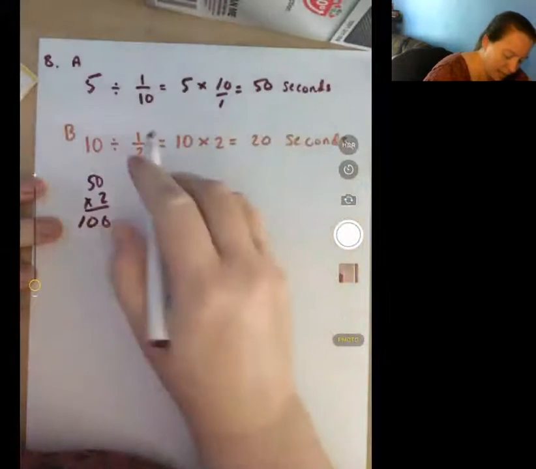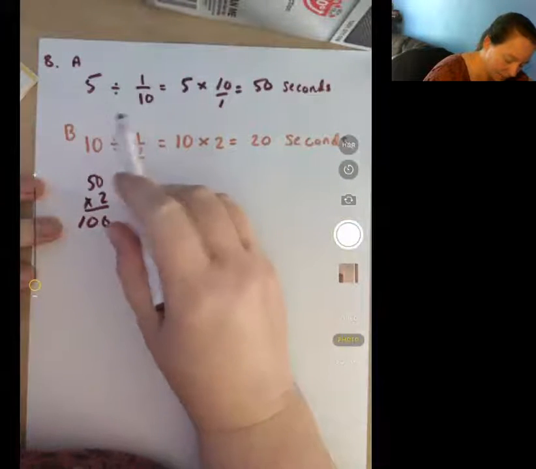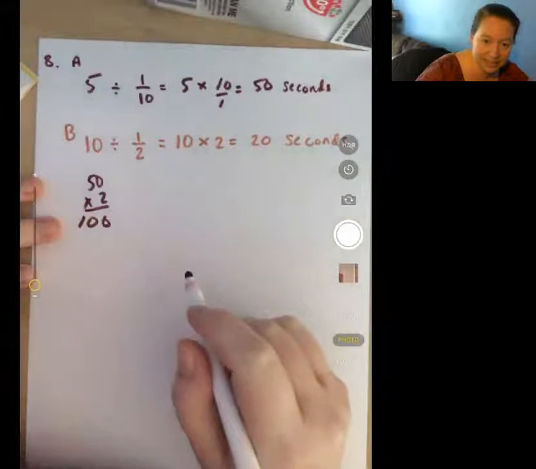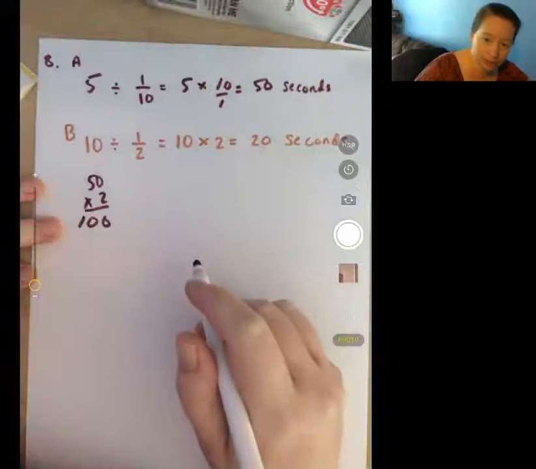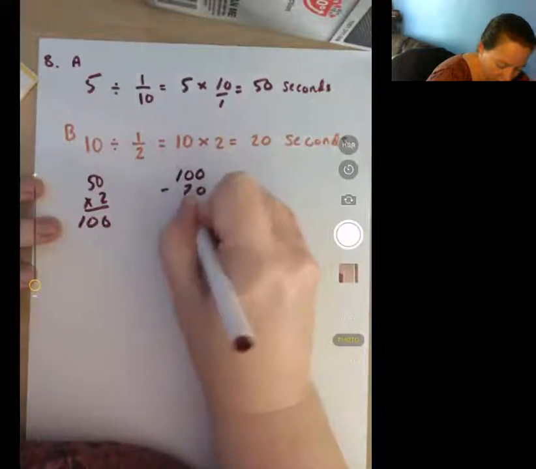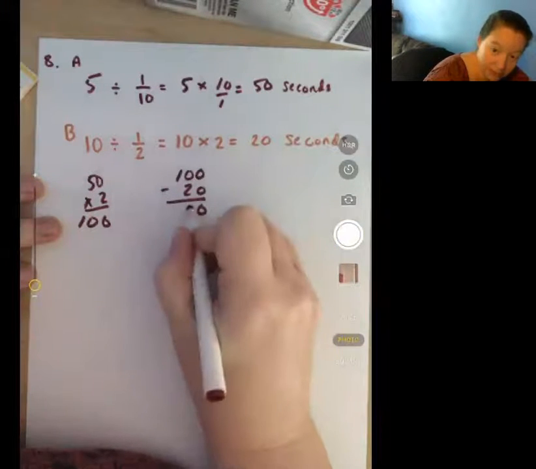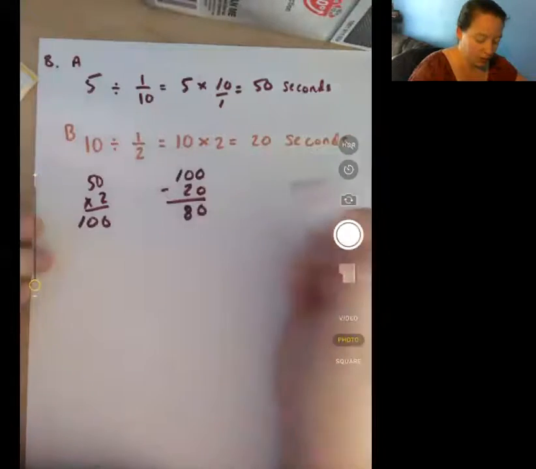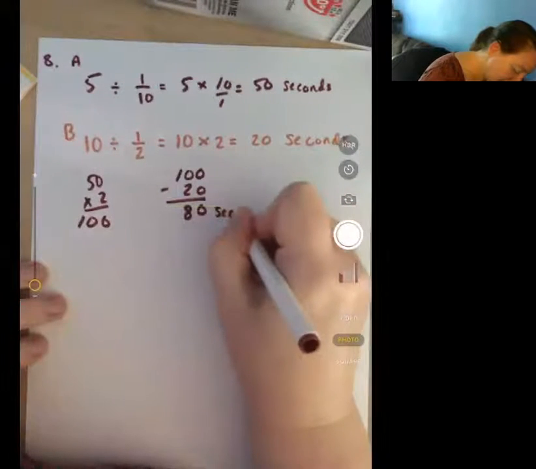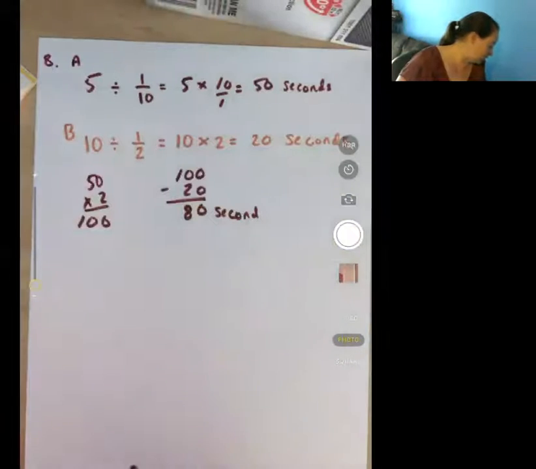So it would take him 100 seconds to get the 10 meters. Then I do 100 minus 20. 0 minus 0 is 0. 10 minus 2 is 8. So 80-second difference. The tortoise would take 80 seconds longer.